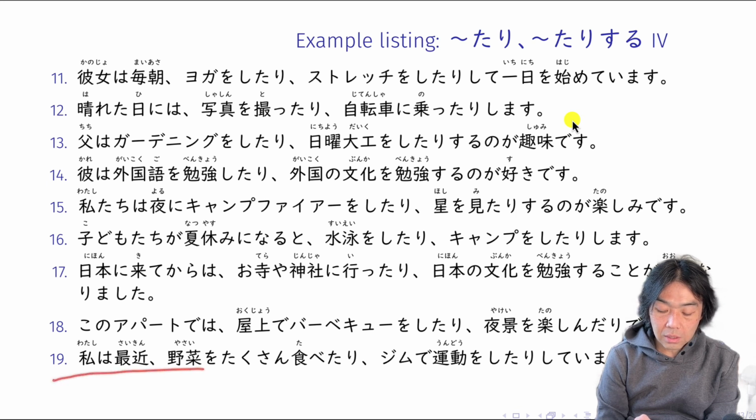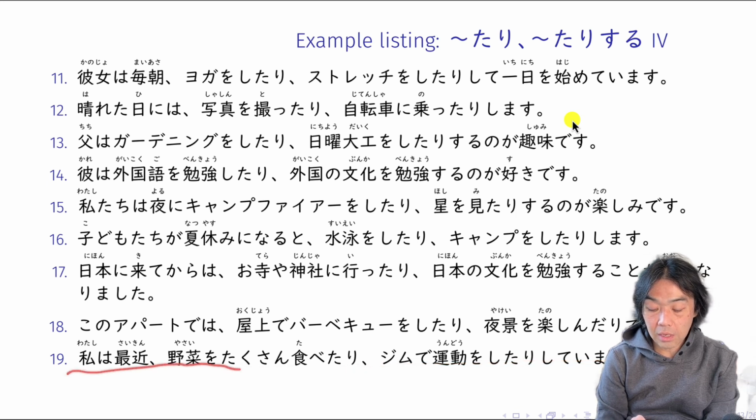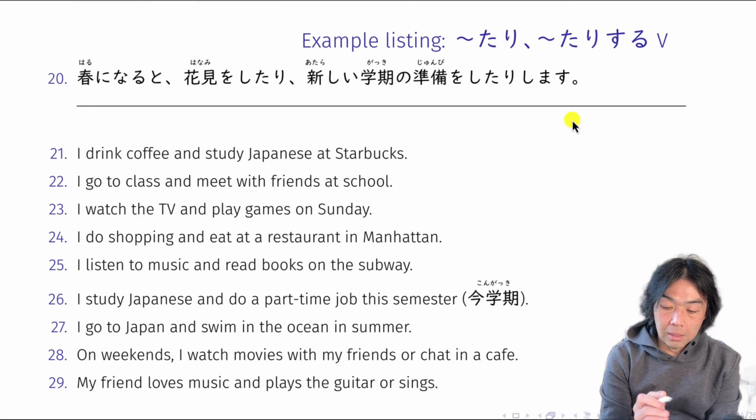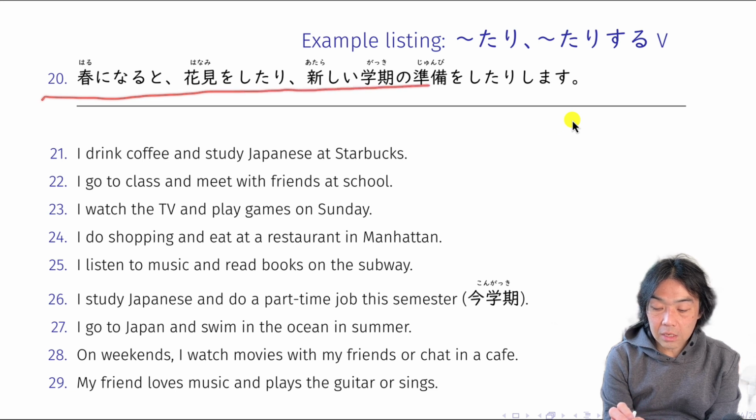私は最近野菜をたくさん食べたり、ジムで運動したりしています。春になると花見をしたり、新しい楽器の準備をしたりします。花見 is the flower viewing.